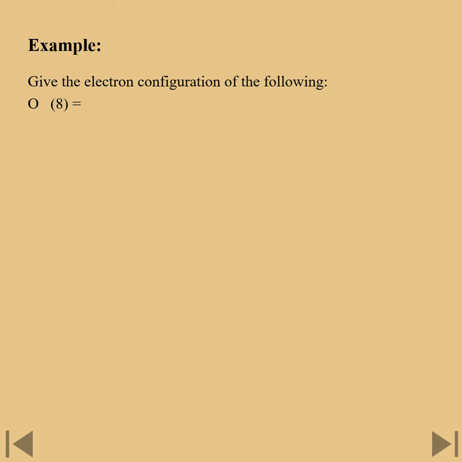Okay, let's do some examples where we're asked to give the electron configuration of the following, and we're going to begin with oxygen. I'm going to draw a picture of this to remind us where the electrons go. Where does that first electron go? Into the 1s. That fills up with 2.